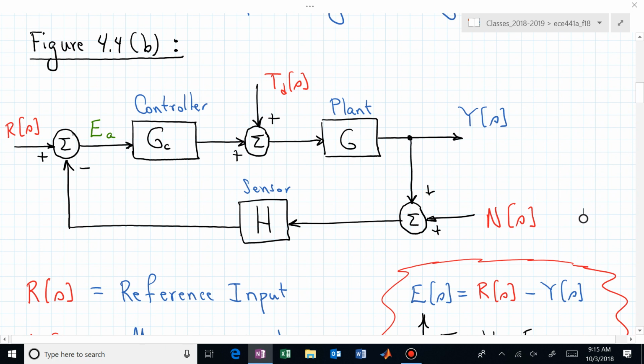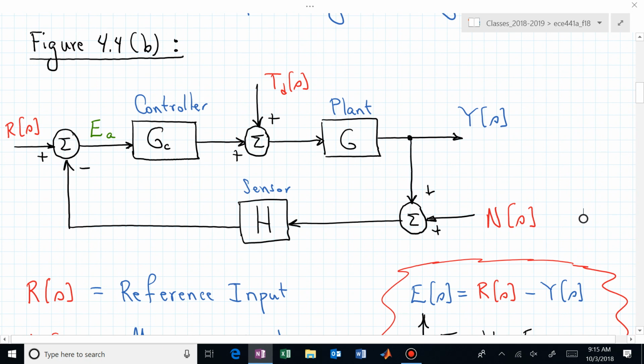But what's another way of approaching that problem? This is a linear, time-invariant system. It's linear is the main thing. If it's linear, superposition holds. If superposition holds, that means we can find the transfer function between each of those individual inputs independently and then sum them all up at the end.